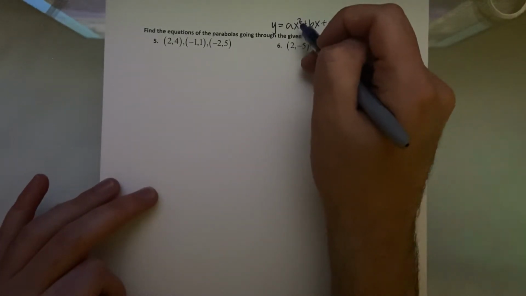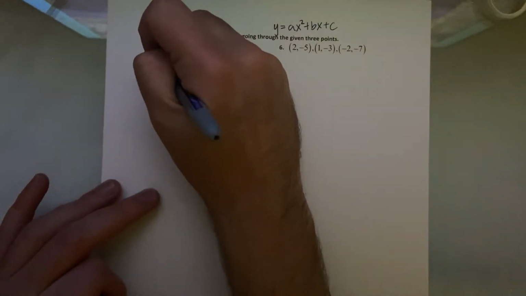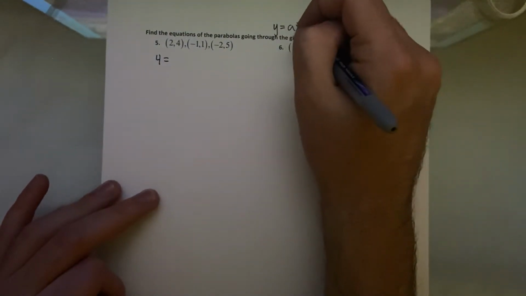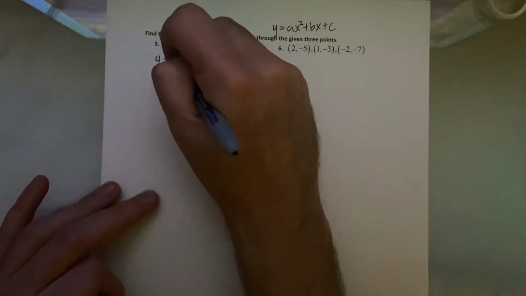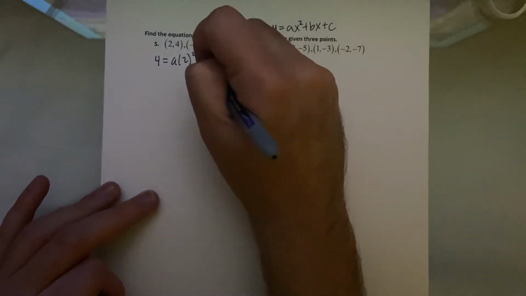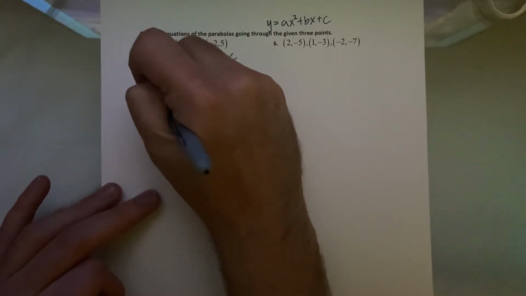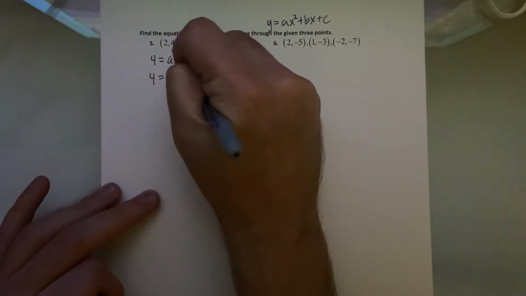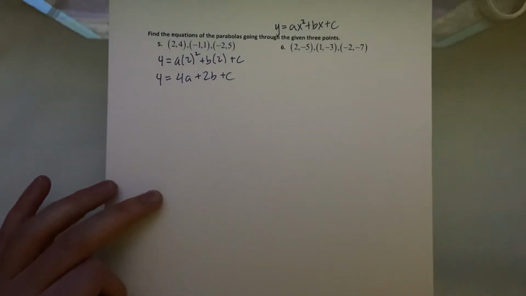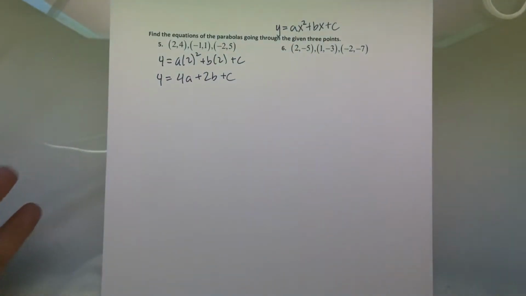I plug in 2 for x, I'm supposed to get 4 for y. So we get 4 equals a times 2 squared plus b times 2 plus c, which is the equation 4a plus 2b plus c. That's equation 1.